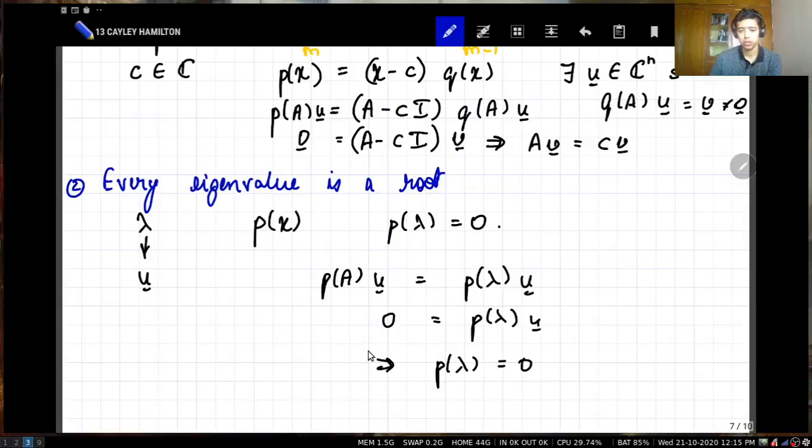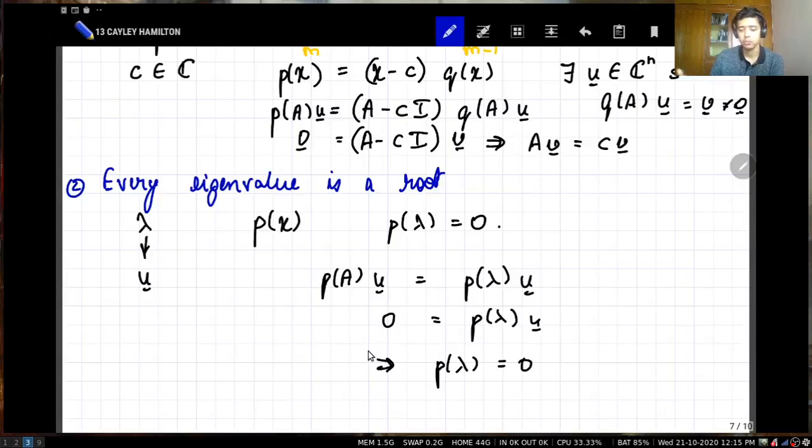So remember that on the left hand side, P of A is a matrix polynomial, whereas P of lambda is basically an evaluation of P of x at x equal to lambda. So it's a scalar. P of lambda is a scalar, whereas P of A is a matrix.